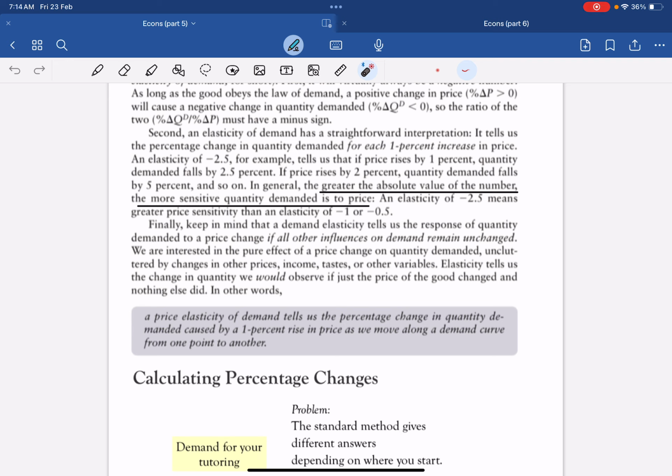In general, the greater the magnitude, the more sensitive your quantity demanded is to the price. Because if your price elasticity is minus 3, a bigger number, then a 1% rise will lead to a 3% fall. So it's more sensitive, and you change more.